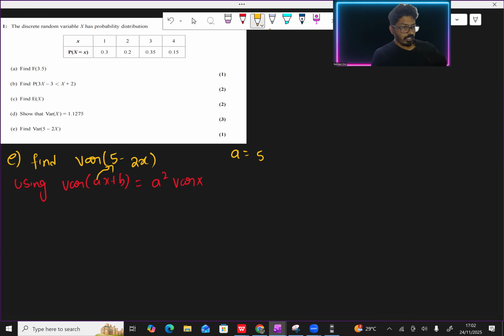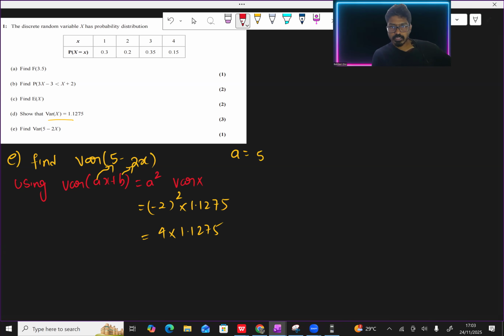Okay, oh no, my bad. So here the formula will be a square only.